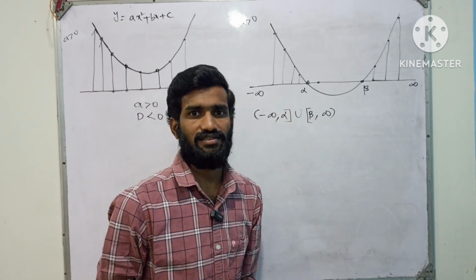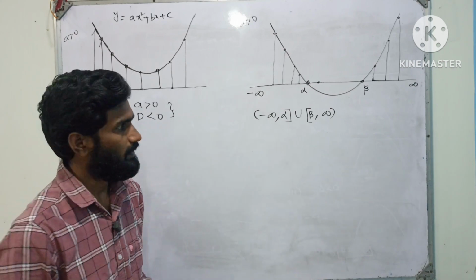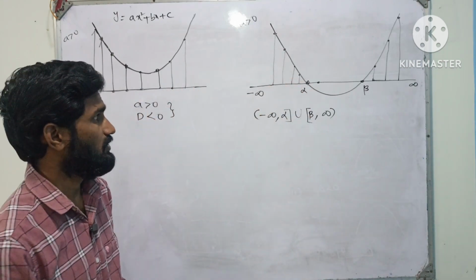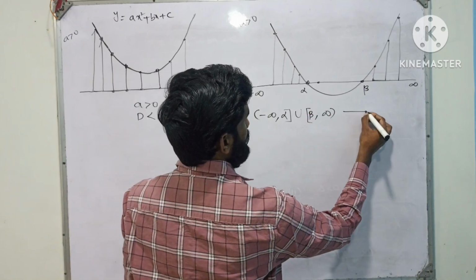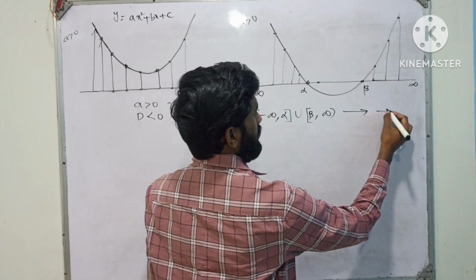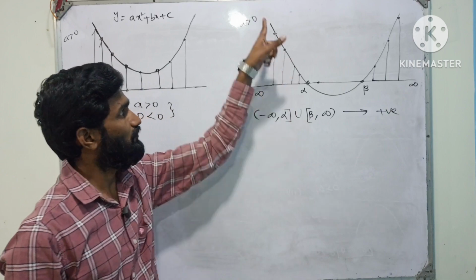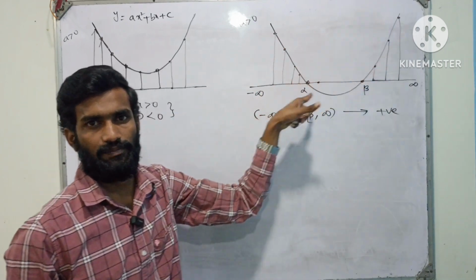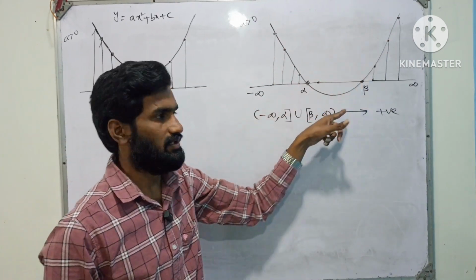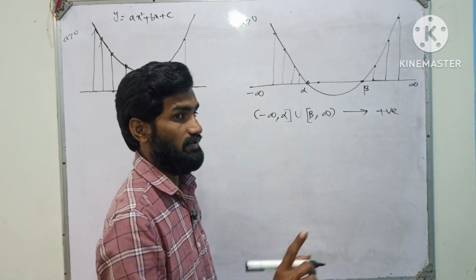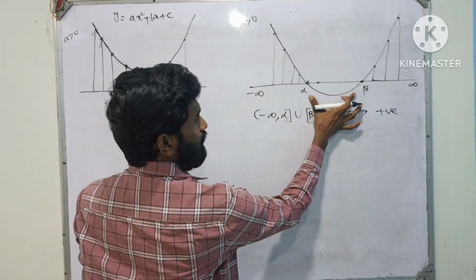These things we'll discuss in the wavy curve method. Now observe here. For this graph you are getting positive in this interval. Where are you getting negative? In between alpha and beta.